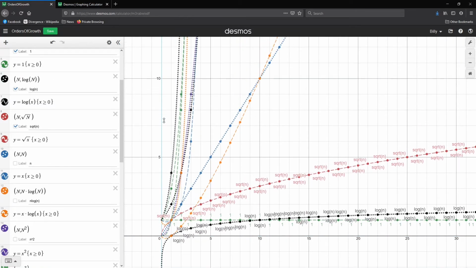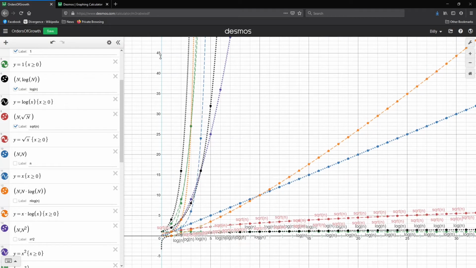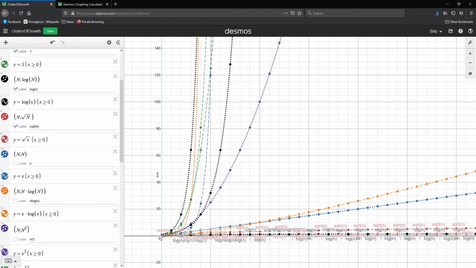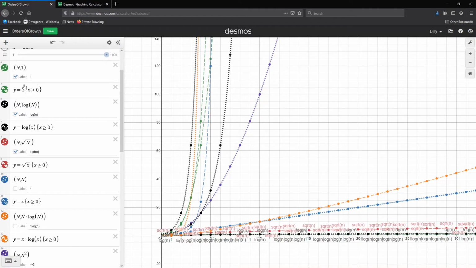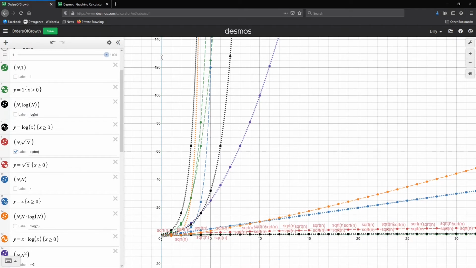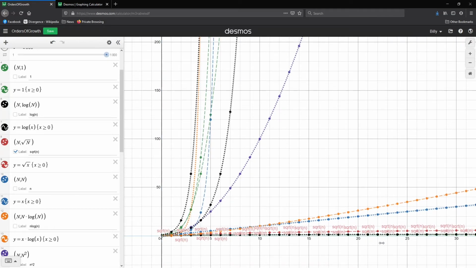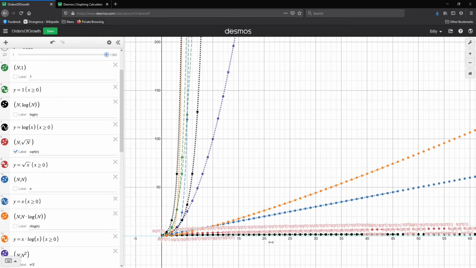So if we change our scaling a little bit, we stretch the axis down, and I'm going to get rid of the labels on the lower two functions. I'll just leave square root of n there to see what's happening as we change our scaling.